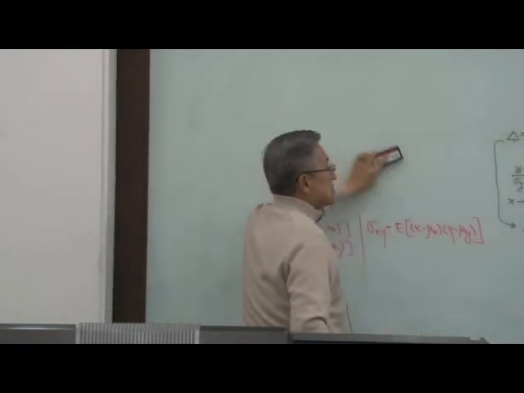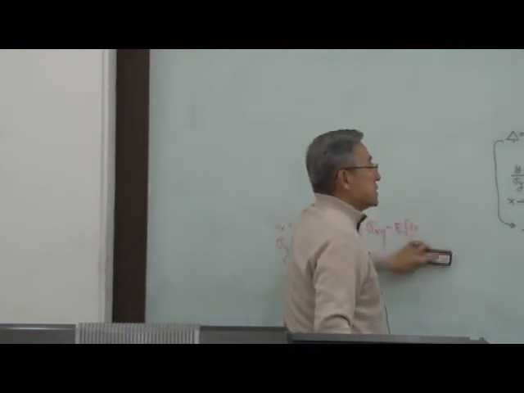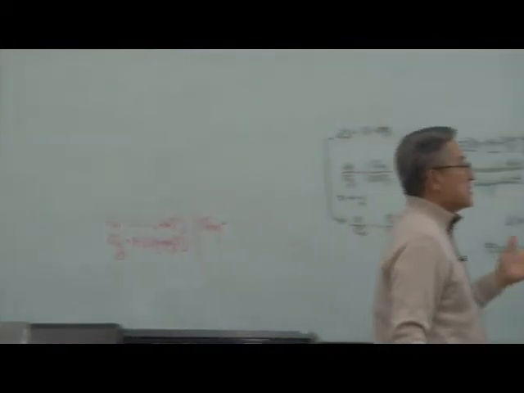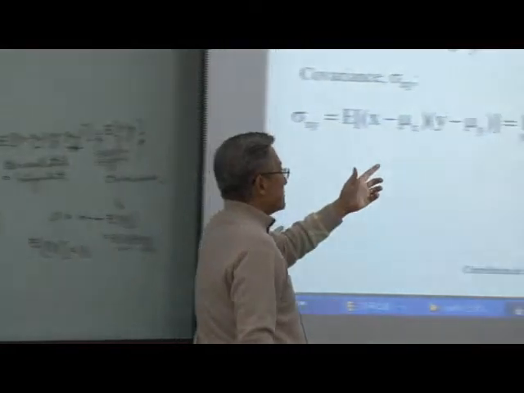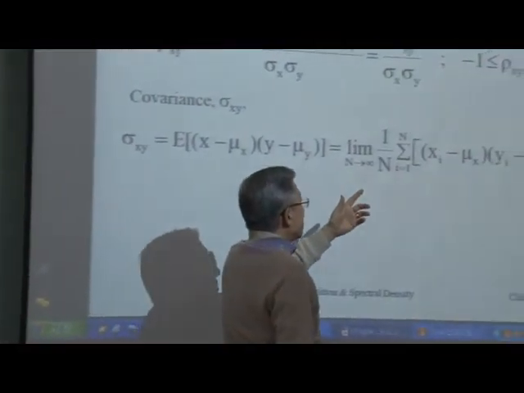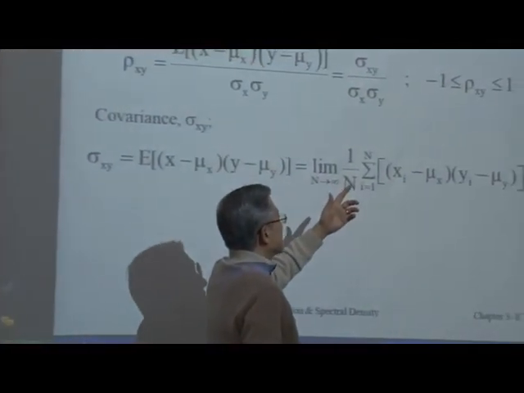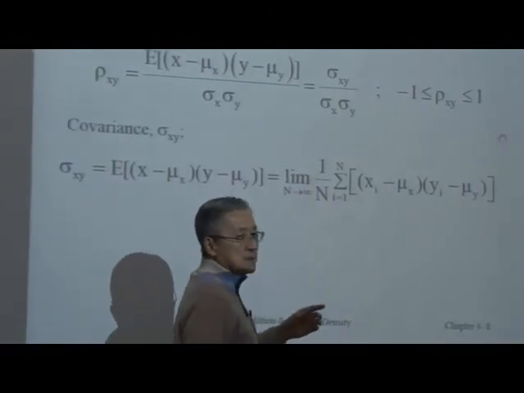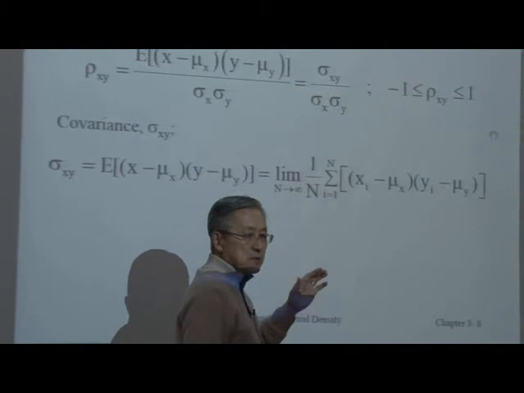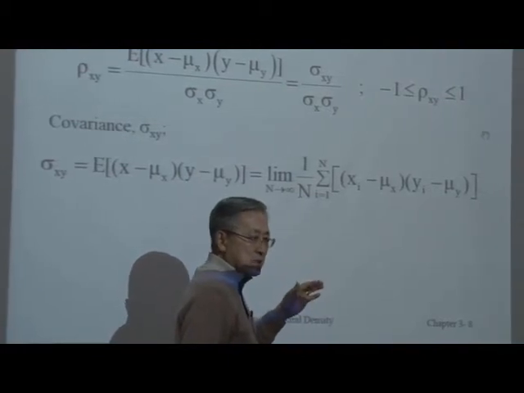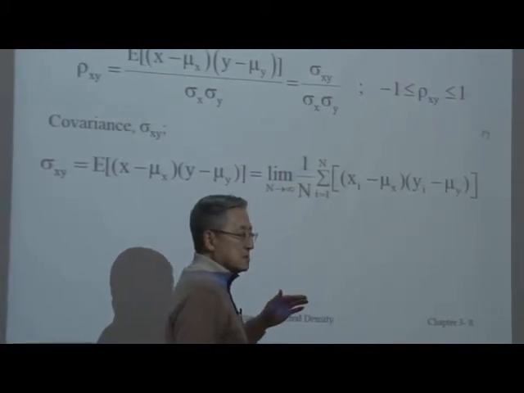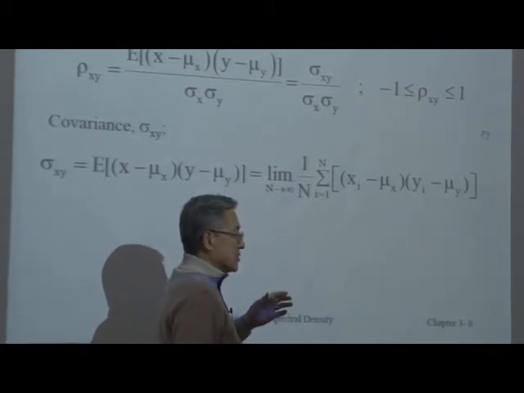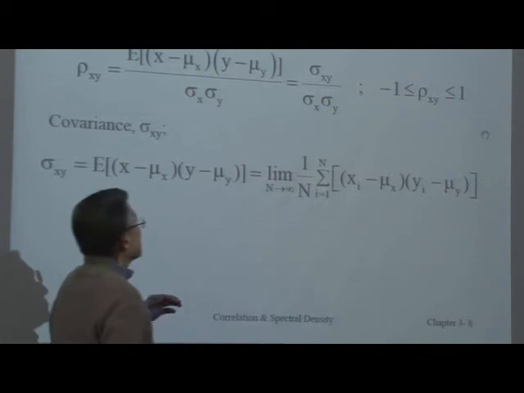From this page, I want to do when I come back, because this bluntly saying that rho xy, the range of rho xy is -1 to 1. I want to really show you how you can say that. You can just say that, but we'll derive the expression for reasoning.